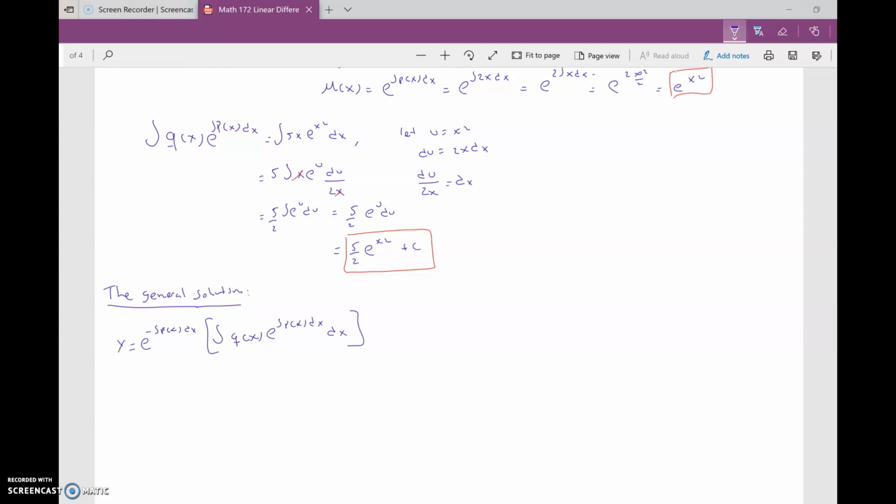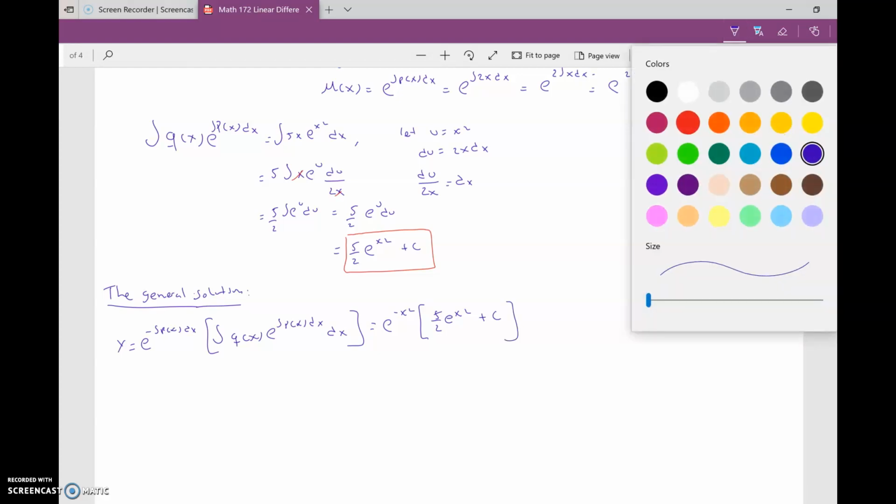It looks like a mess. Actually, let me just continue here so that it fits. So this is equal to e to the negative x squared times the actual 5/2 e to the x squared plus c.